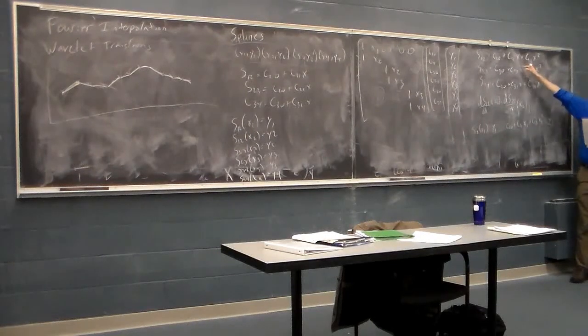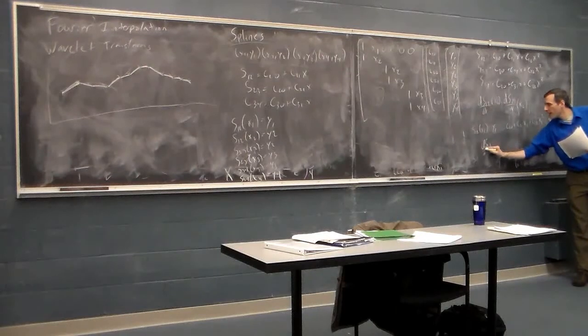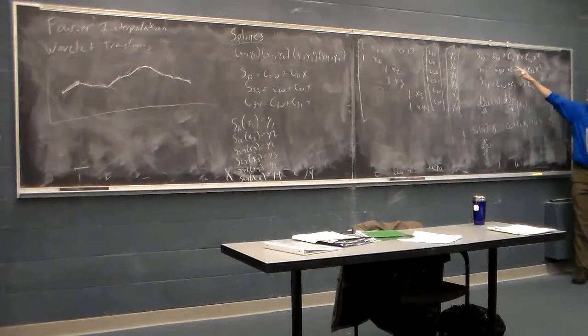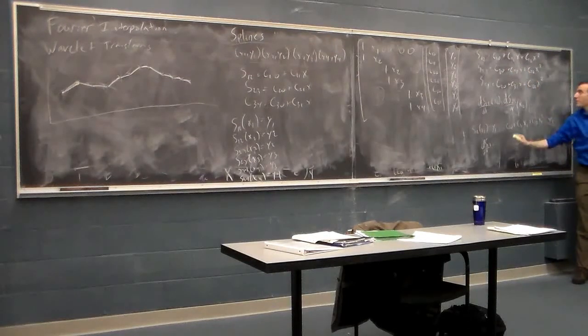Well, it's the derivative of this thing with respect to x. So dS12/dx is going to be equal to this: derivative of a constant is 0, derivative of a coefficient times x is the coefficient, so c11, and then we've got a c12 x squared, the derivative is 2 c12 x.